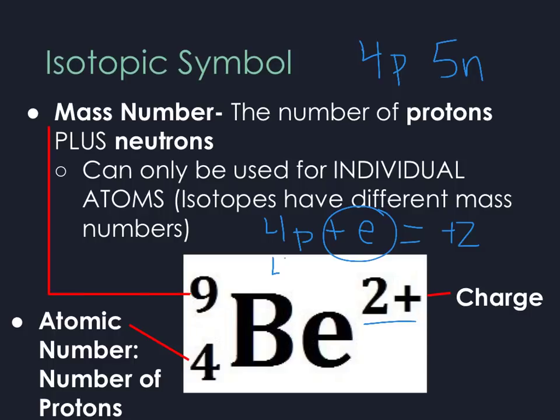So 4 minus 2 equals +2. Therefore, I have 2 electrons. So using this symbol, I can figure out the protons, the neutrons, and the electrons for an atom, or for an ion, or for an isotope. It's super duper handy. You will need to write these, so make sure that you can do that.